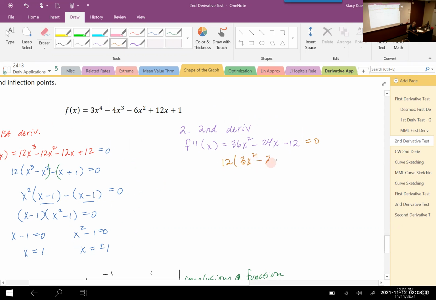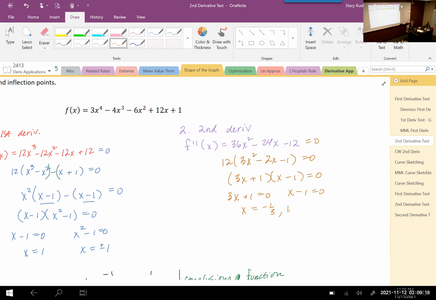Let's factor a 12 out. 3x squared minus 2x minus 1, or 3x plus 1, x minus 1. 3x plus 1 is equal to 0, x minus 1 is equal to 0, x would be -1/3 or +1, right? Those are possible inflection points.